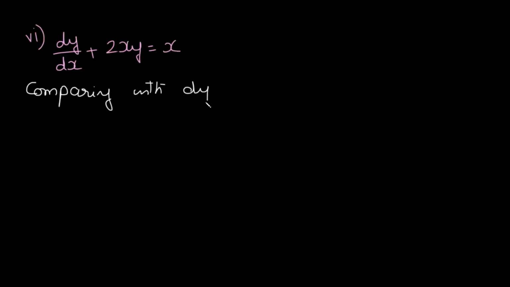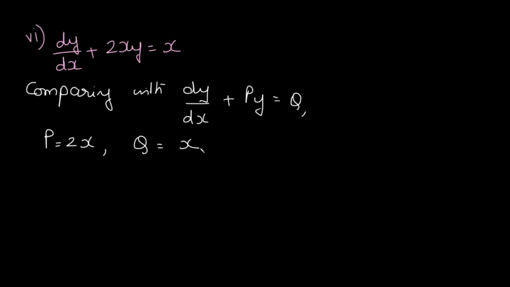dy by dx plus Py is equal to Q. So we compare it with this particular form of the equation, and therefore we get here P as 2x. As you can see, y is already here, so P becomes 2x and Q becomes x.